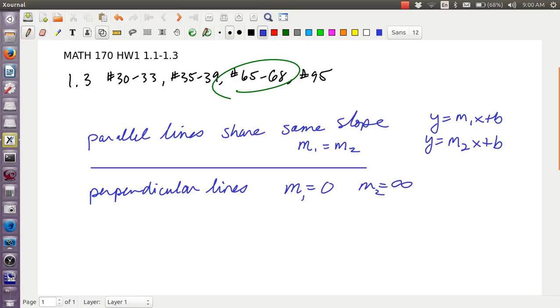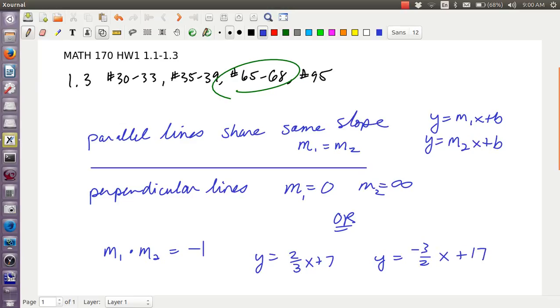That's one way they can be perpendicular, or m1 times m2 is equal to -1. So for example, y is equal to 2/3 x plus 7 versus y is equal to minus 3/2 x plus whatever you want. The important part is if you take this value and you multiply it together, you get -1. That's all that matters. Okay, so that takes care of that class of problems.